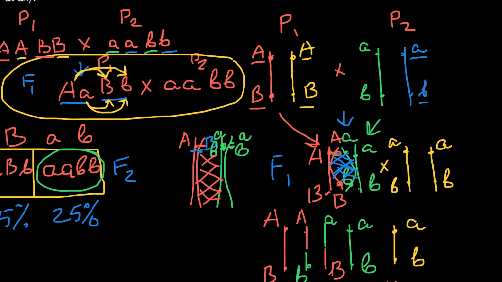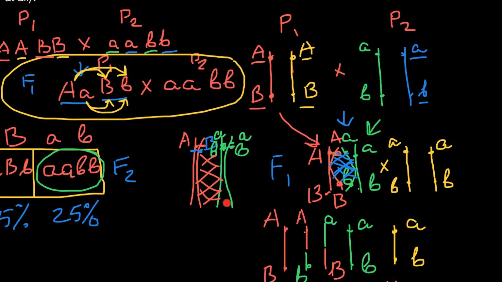If these genes A and B were on different edges of the chromosome, we would expect that crossing over would happen. But linked genes, completely linked genes, means that no crossing over between them happens and they would be inherited together.